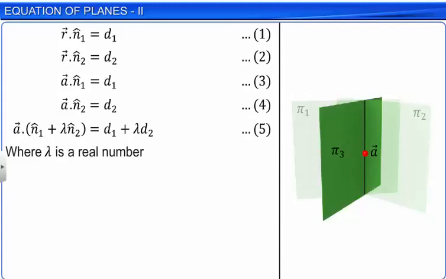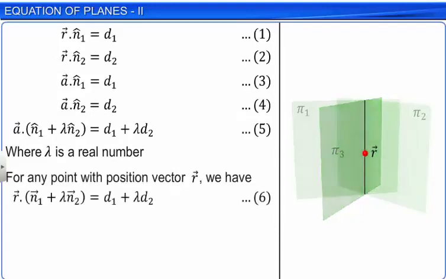The line of intersection of planes pi1 and pi2 contains an infinite number of points. For any such point with position vector r that satisfies the equations of both planes pi1 and pi2, we can rewrite equation 5 as equation 6.